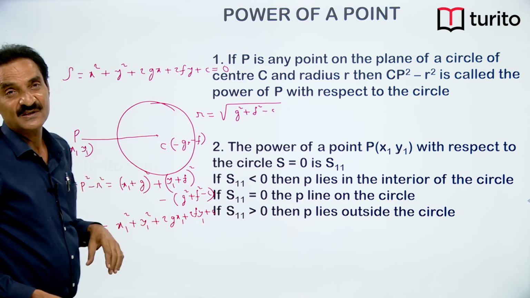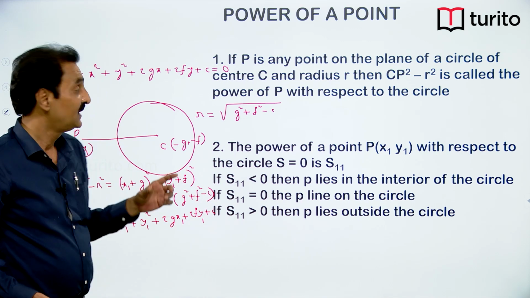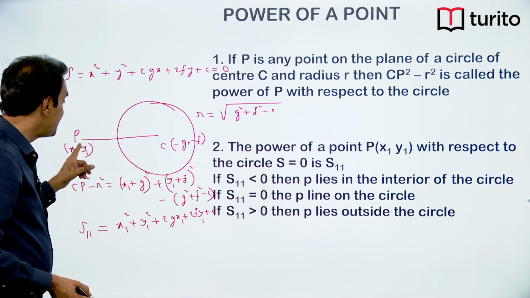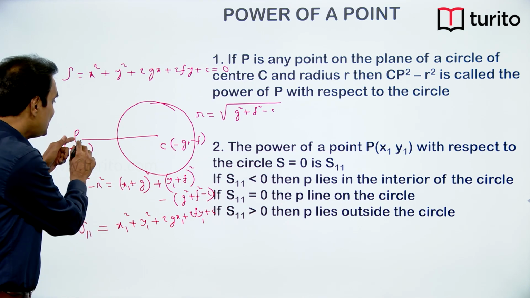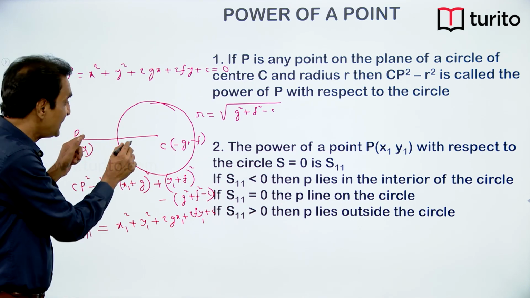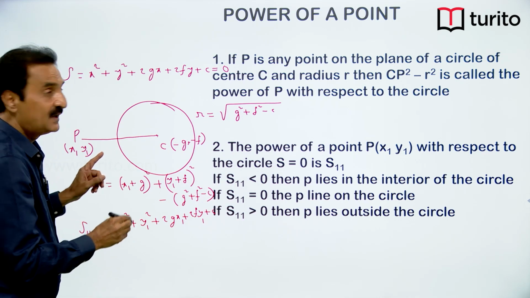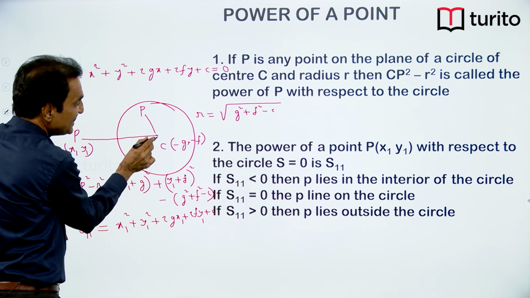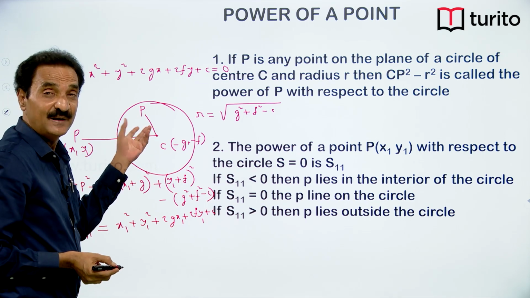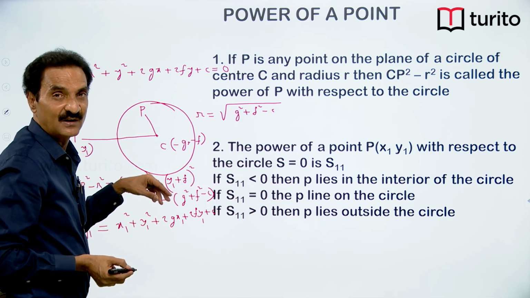Now, what is the importance of the power of a point P? If a point P is outside the circle, then CP, the distance of P from the center, is greater than the radius. If the point P is inside, then the distance of P from the center will be less than the radius, is it not?